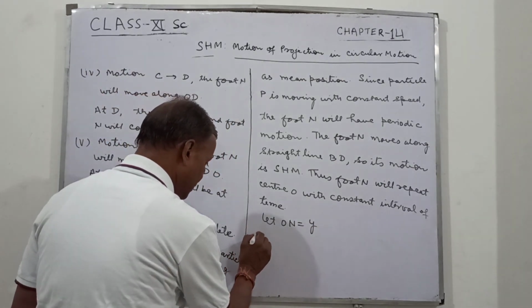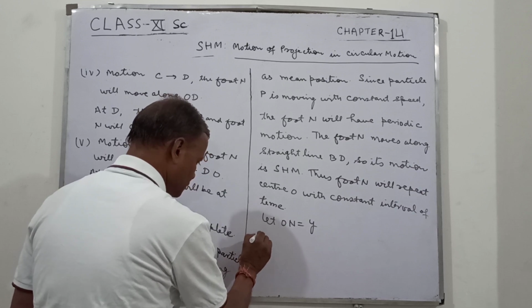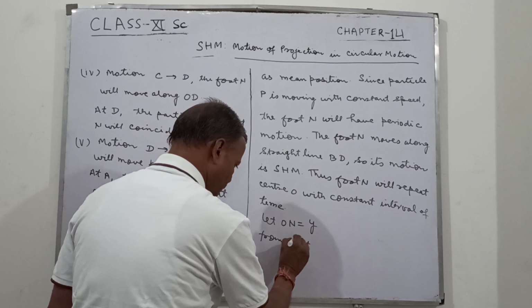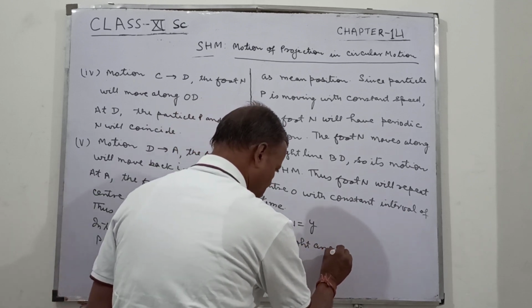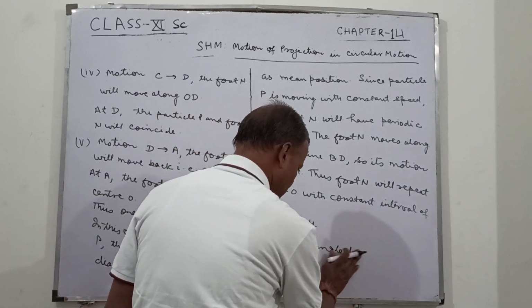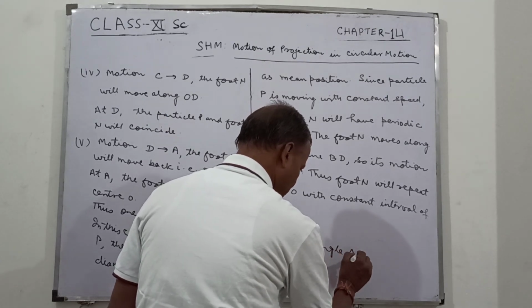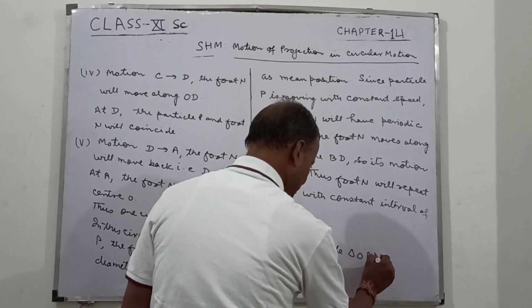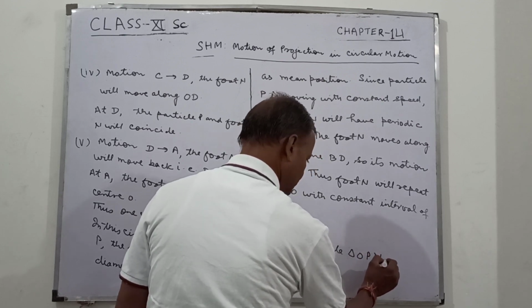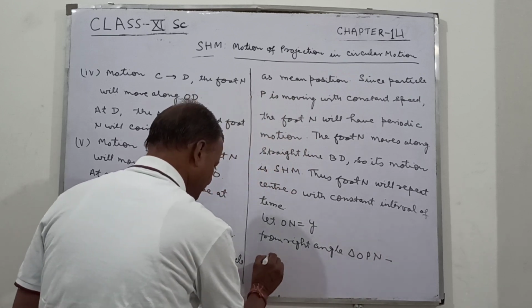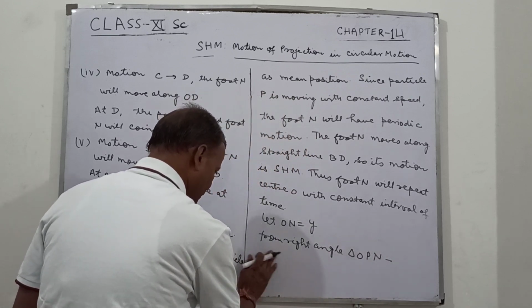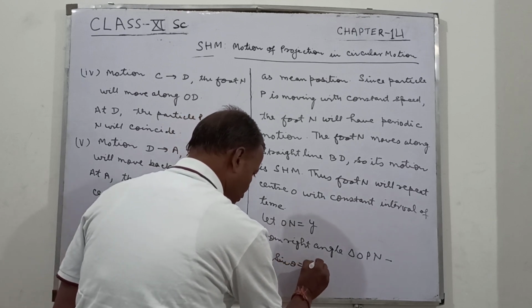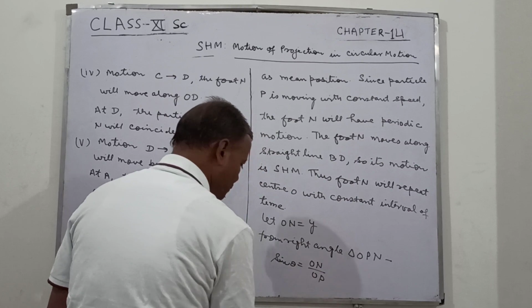Then from right angle triangle OPN, sin theta equal to ON upon OP.